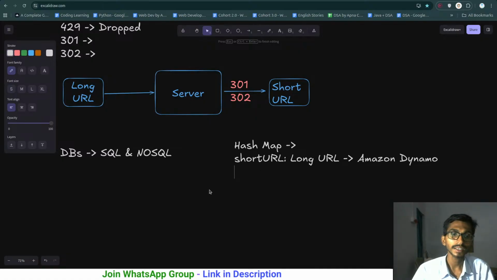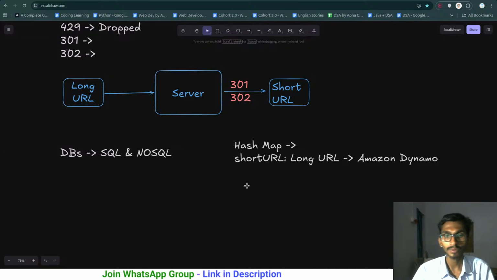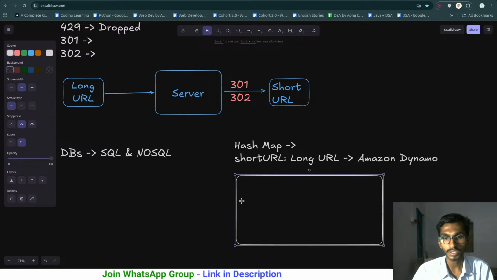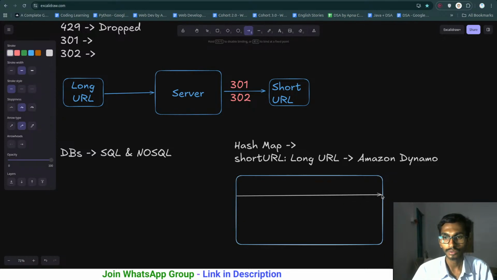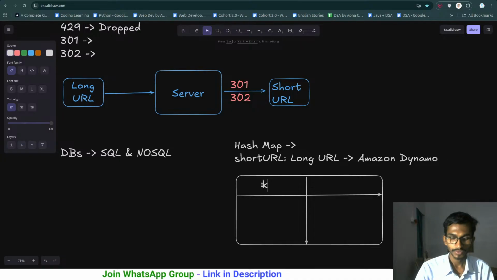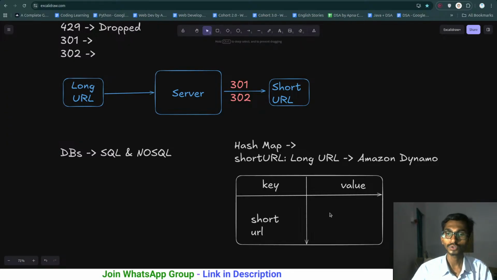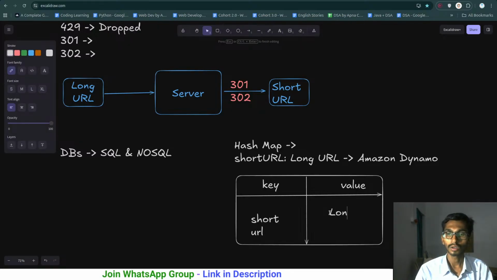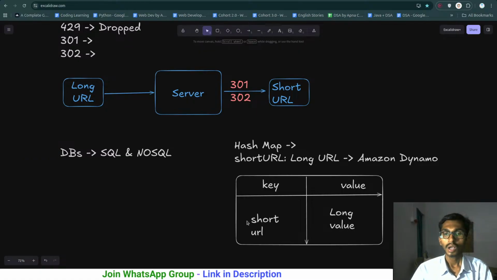But the problem with this is that ultimately you will have a hash map here that will be divided into two parts. Over here you will have the key, over here you will have the value, and the key is going to be the short URL, the value is going to be the long URL. That's right, this is how you can have it. But there is a problem.